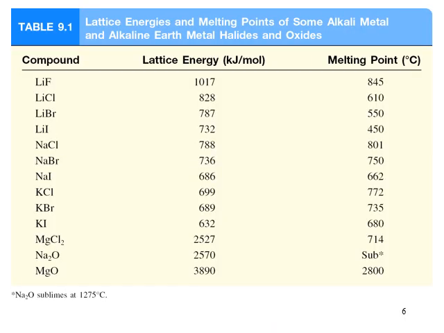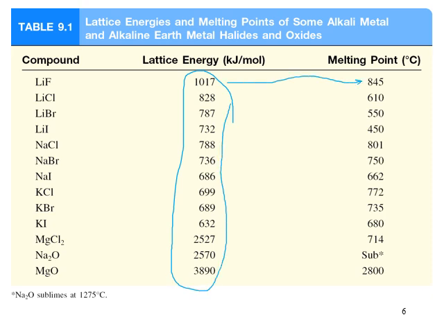So in your book, you have table 9.1, that shows the lattice energies of all the different compounds. And you'll notice that melting points have a correlation. A high lattice energy means a high melting point. Sometimes you get sublimation of compounds. They don't even want to melt. They just sublime.